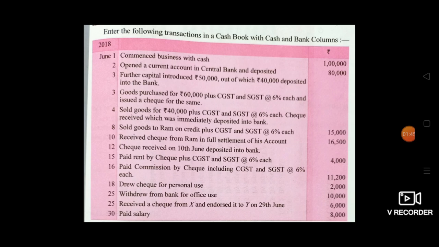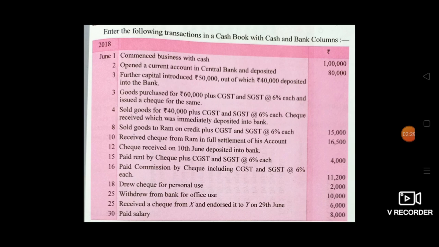15th June, paid rent by check plus CGST and SGST at 6% each, rupees 4,000. 16th, paid commission by check including CGST and SGST at 6% each, rupees 11,200. 18th, drew check for personal use, rupees 2,000. 25th, withdrew from bank for office use, rupees 10,000. 25th June, received a check from X and endorsed it to Y on 29th June, rupees 6,000.